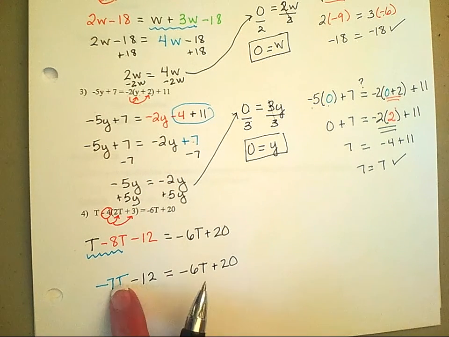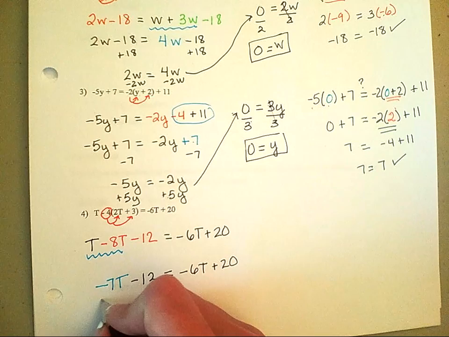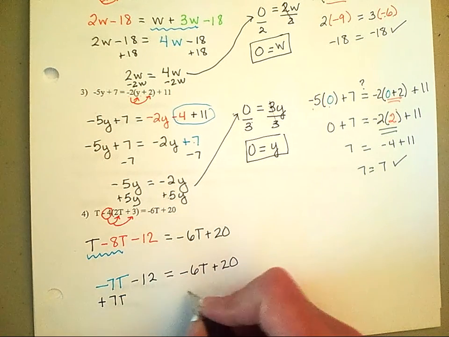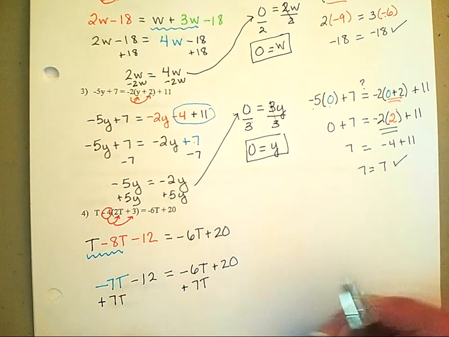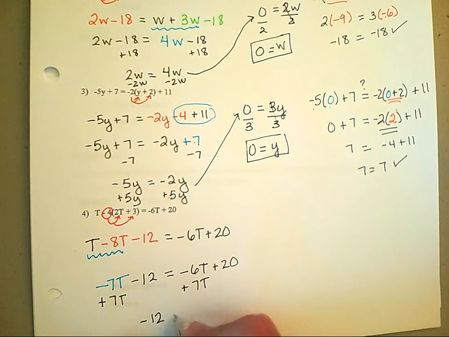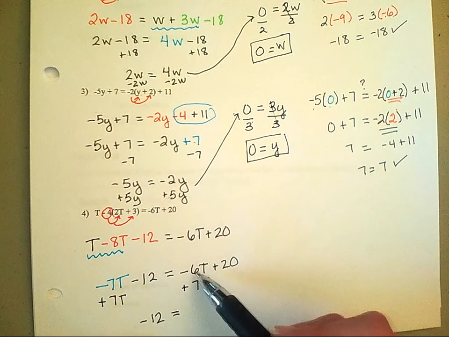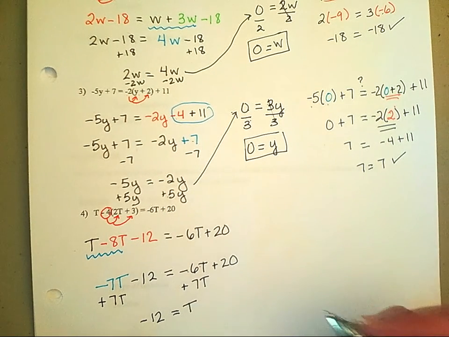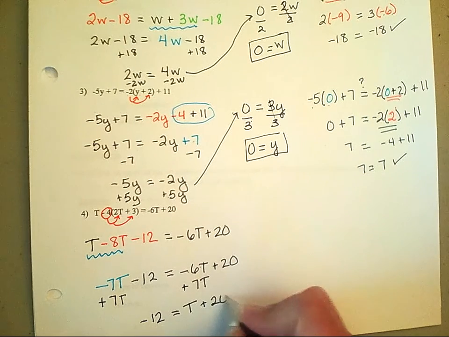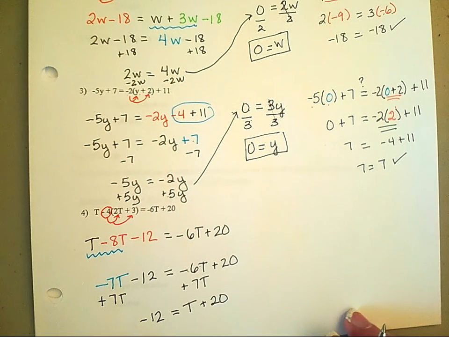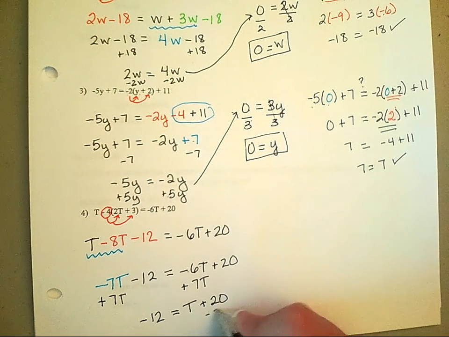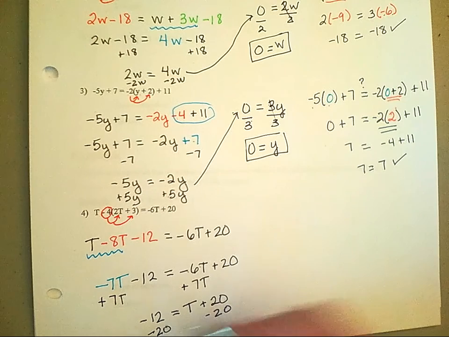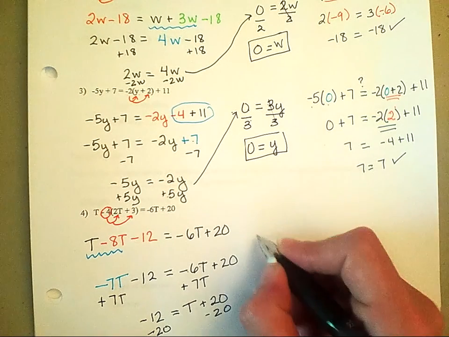We have t's on both sides. They're both negative. This is the larger one, so let's add 7t. So we get negative 12 is equal to negative 6t's plus 7t is a positive 1t plus 20. And now we can subtract 20 from both sides.